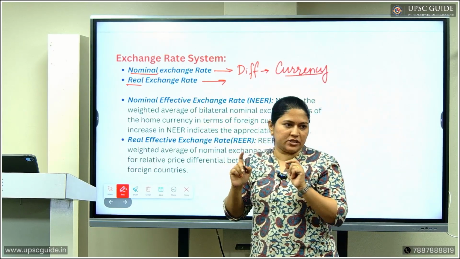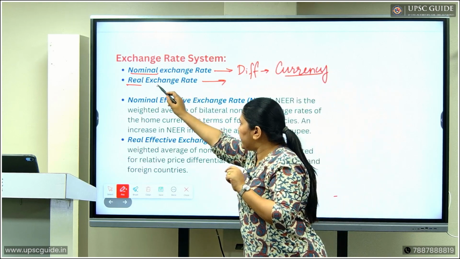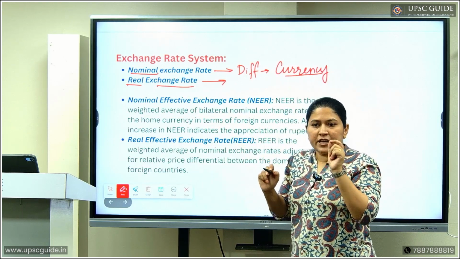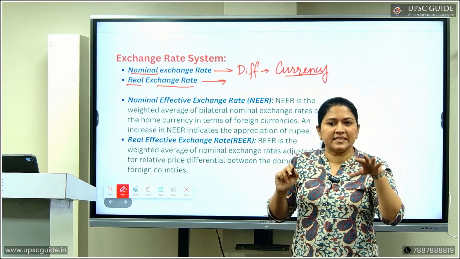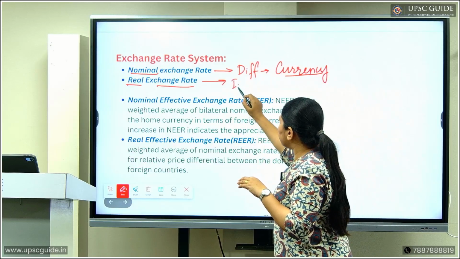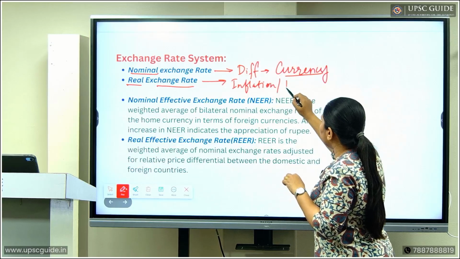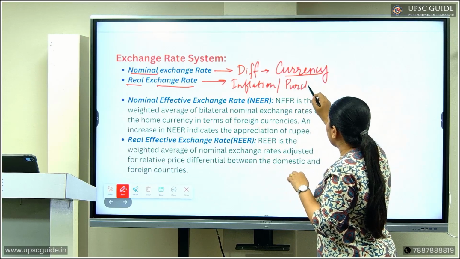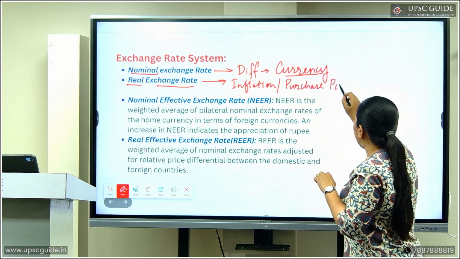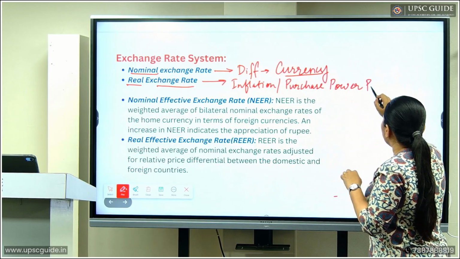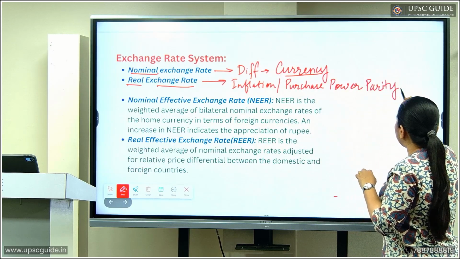However, in real exchange rate, we take into consideration the present inflation, the present purchasing power parity of that particular country.